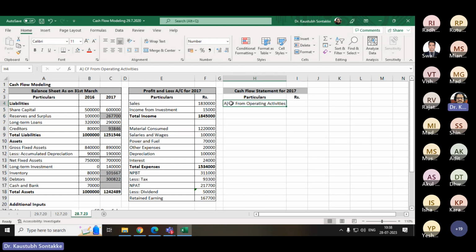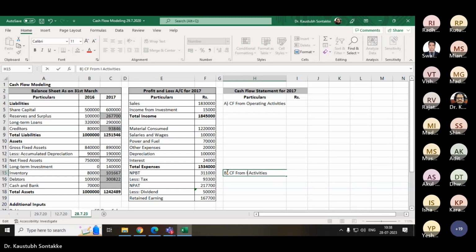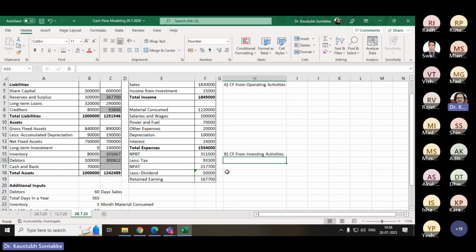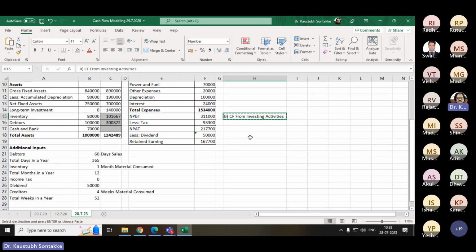Around 10 lines I want for this, so I can Control C, Control V this after around 10 lines and rename this as B, cash flow from investing activities. Investing activities around 4 lines I want, so I will put around 4 lines and put it here.